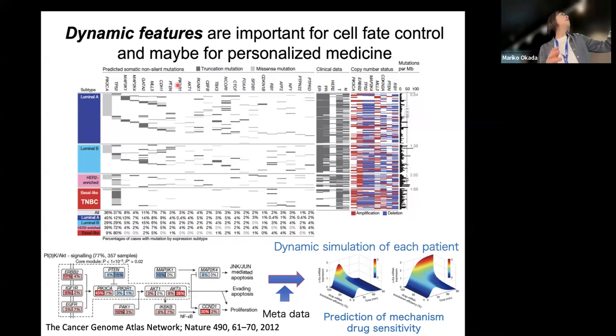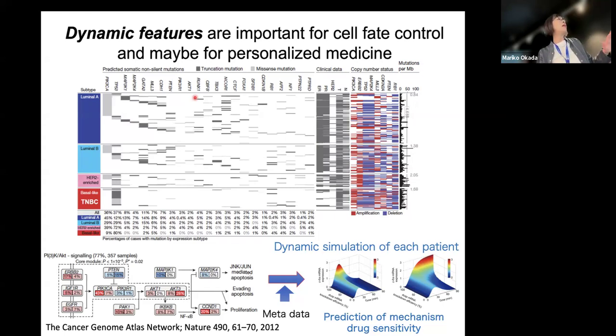So the cancer genomics studies focus on the mutations of each subtype, but they often use statistics. But the combination of all those genes cannot be analyzed using a statistical method.